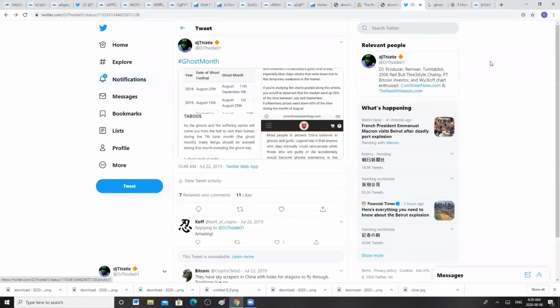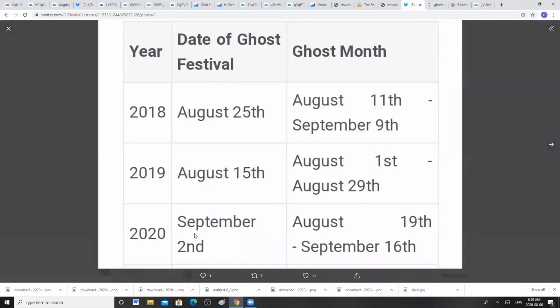And then we want to wrap it up with Ghost Month. Here we are. So what is Ghost Month? Well, when is it? So this year it starts on August 19th, and then Ghost Festival is September 2nd. What I've said in the past is usually markets start to feel things a little bit going into Ghost Month, and then the beginning of Ghost Month into Ghost Festival as well is usually on the bearish side, and then Ghost Festival into the end of Ghost Month, things can turn, and then after Ghost Month, things usually get back to normal.